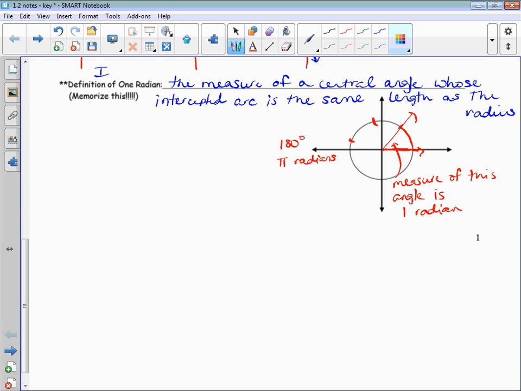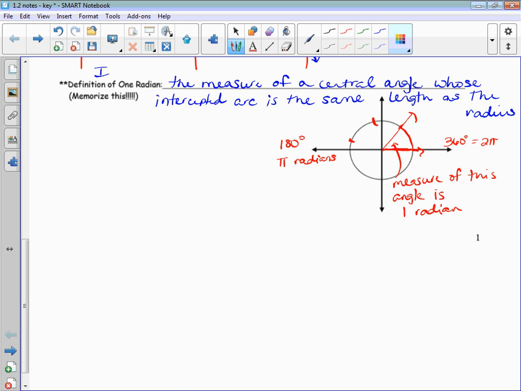Kind of cool, right? That number actually means something. So what if I went all the way around the circle and I kept marking off? 2 pi, yeah, so 360 degrees, that's the same as 2 pi.